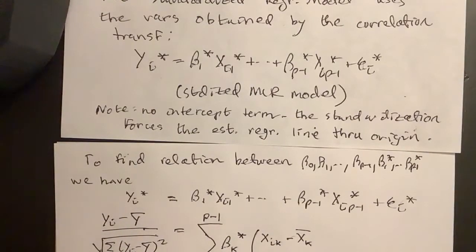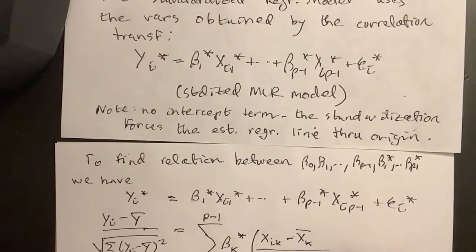There'll be an equation for each i, for 1 to n. And now I divide by the square root of the sum of xjk, I could use j, but it doesn't matter, it's just a different index in here, minus xk bar squared.